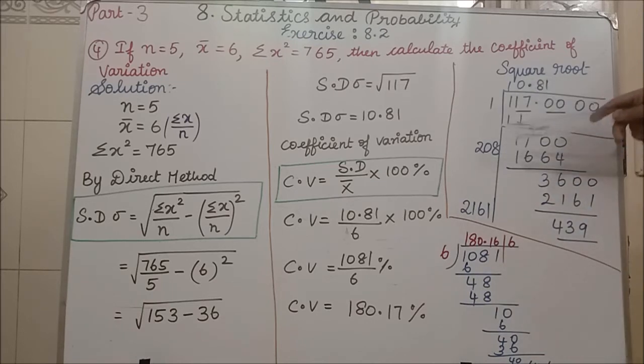If I put 1 into 21, against 17, a two-digit number will come. It is exceeding. So what I have to do? I have to put 0 only. Clear all of you? So here also 0 I am writing and here also I am writing 0.